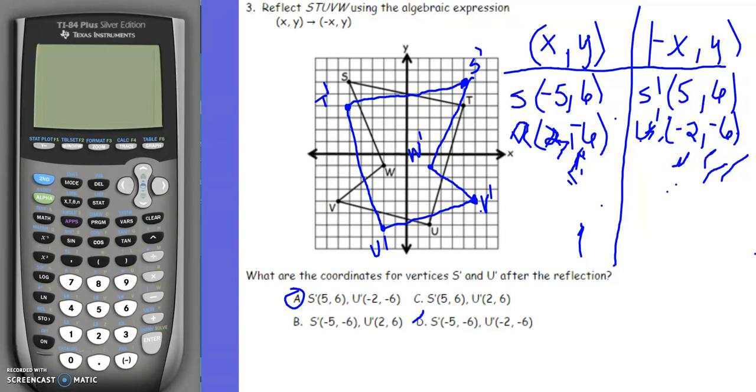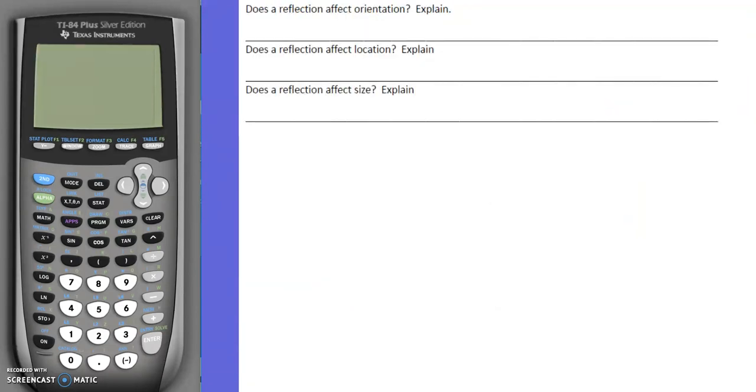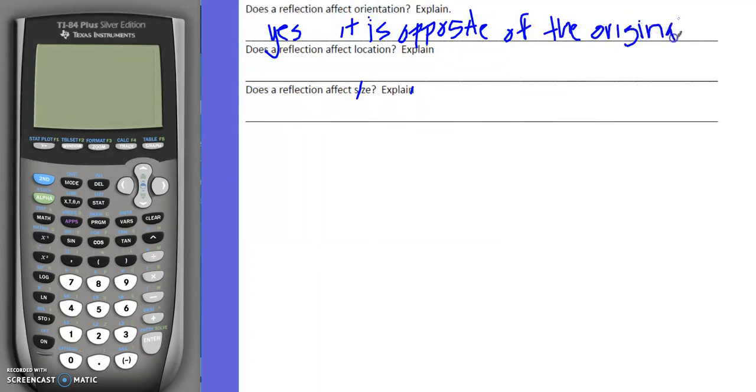All right, last question. Does a reflection affect the orientation? Yes. So it is opposite of the original. Does a reflection affect location?